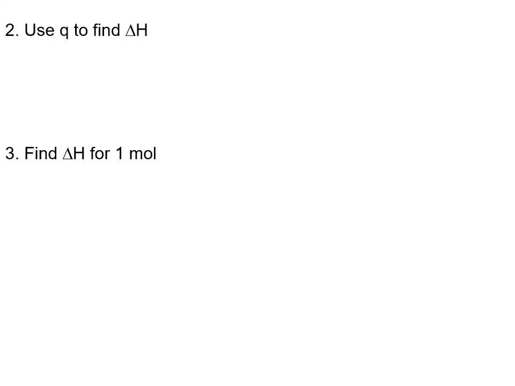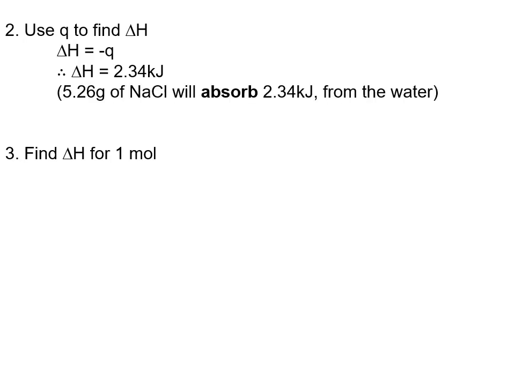Now, that's the Q for the heat that the water is losing, and we know that the Q of the water is going to be equal but opposite to the delta H of the system. So again, let's draw this out visually.